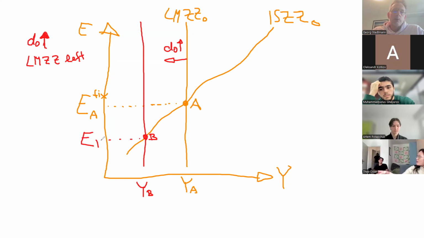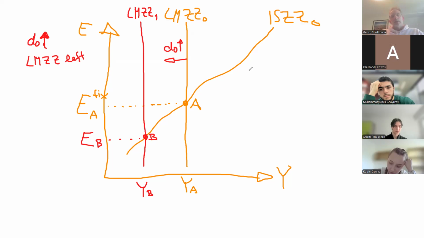The exchange rate would decrease and the economy would end up in a recession. This is the LMZZ1 curve. So in a floating exchange rate system, this would be a shock which affects our economy in a negative way. So we end up in a recession.